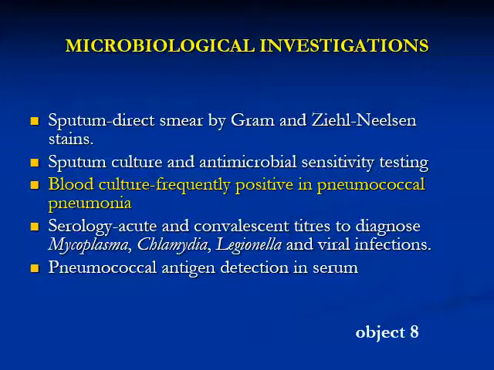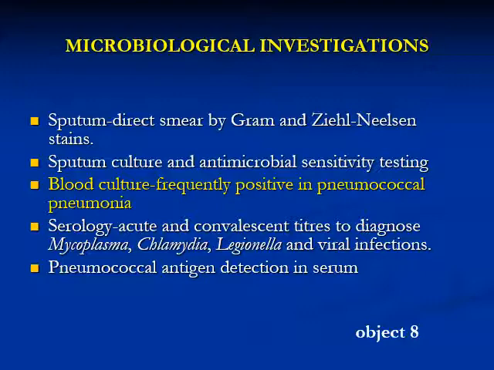We do the sputum culture, and in some cases we also do the blood culture, especially with patients with pneumonia, who usually develop septicemia, so the bacterium appears in the blood. So blood culture is frequently positive in pneumococcal pneumonia.